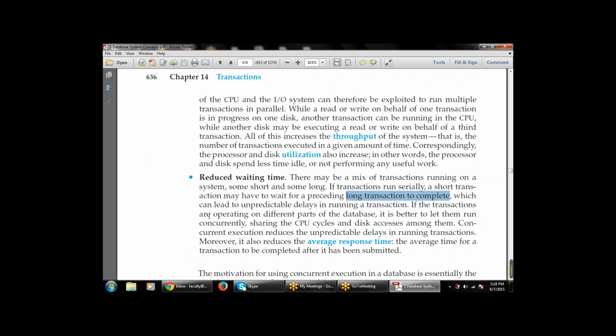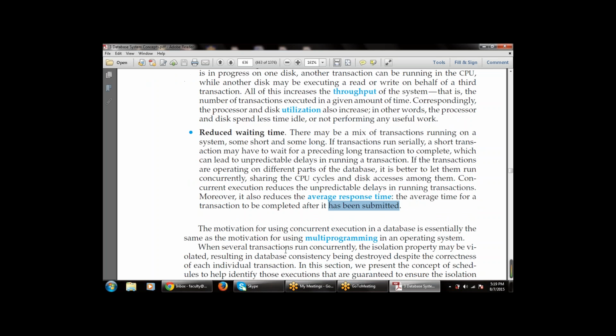If the transactions are operating on different parts of a database, it is better to let them run concurrently. Moreover, it also reduces the average response time, that is, the average time for a transaction to be completed after it has been submitted.